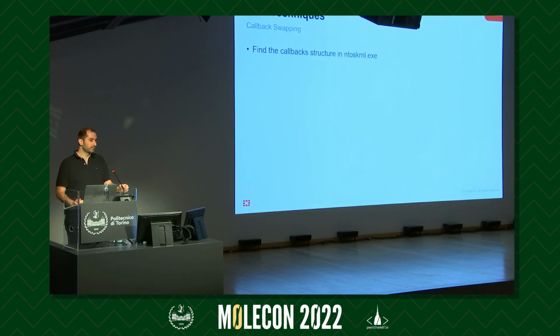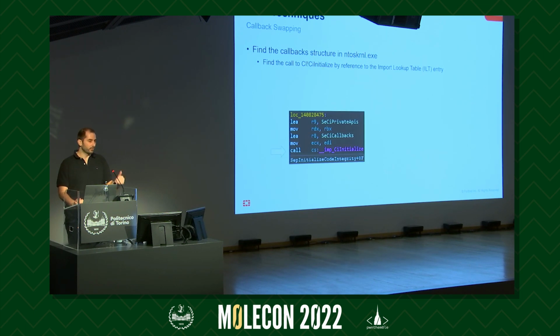Basically, we need to find the callback structure in CentOS. It's not that difficult, because CI initialize gets a pointer to it, and it's an imported function, so we can just walk over the import table and find a call for it.